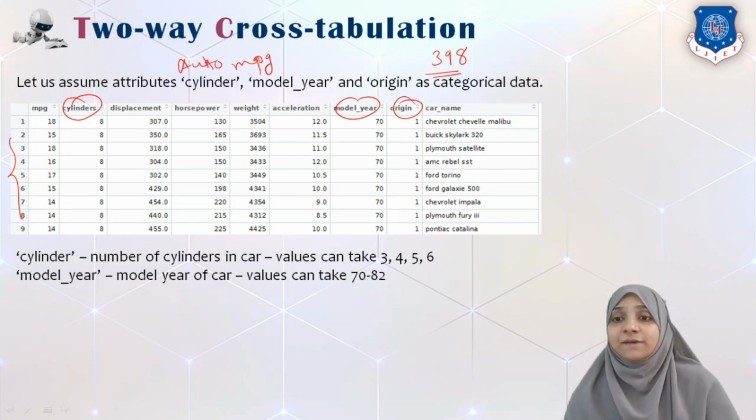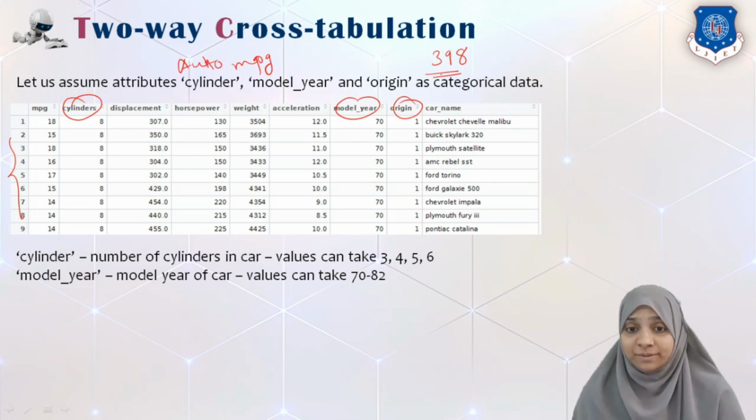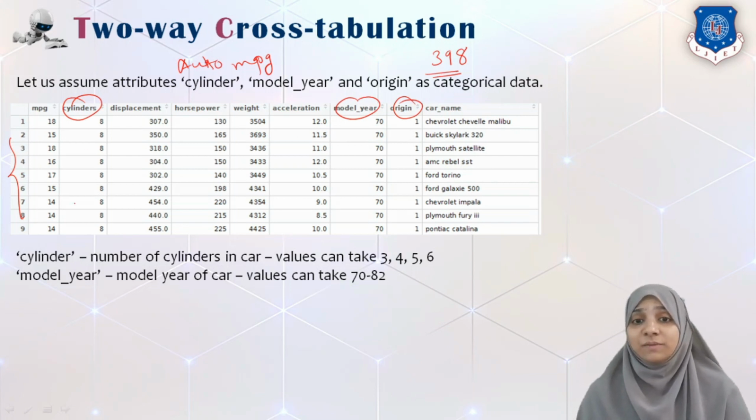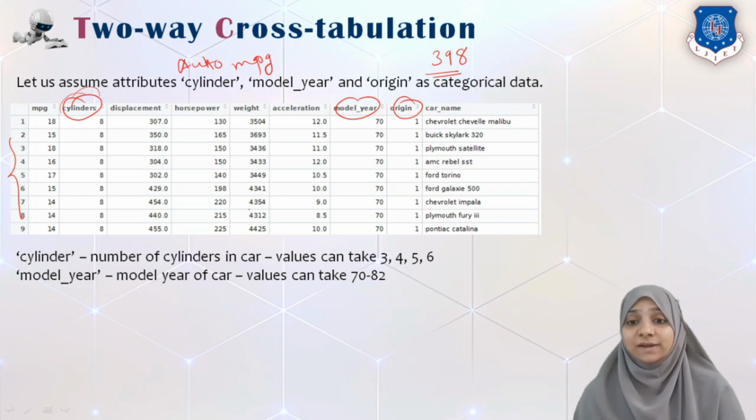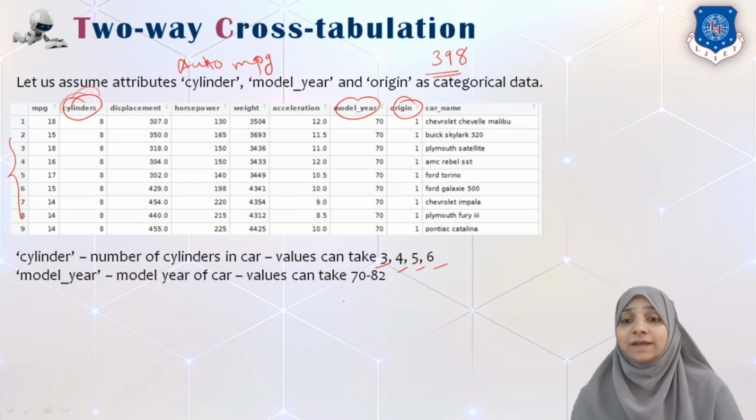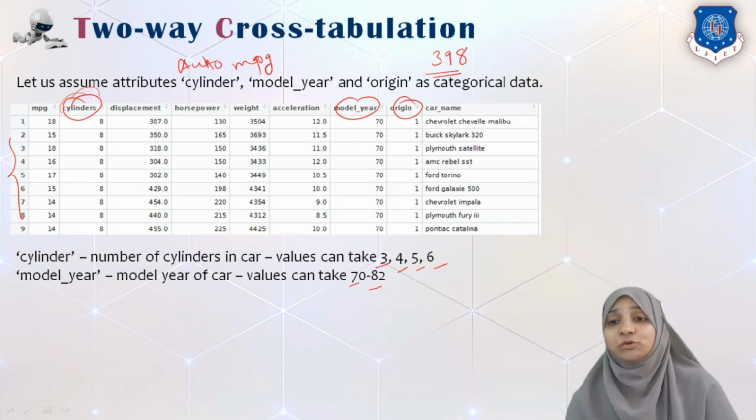This data consists of 398 samples, and by observing these samples we can say that for cylinder we can have possible values 3, 4, 5 and 6 only. For model year, we can have values from 70 to 82.